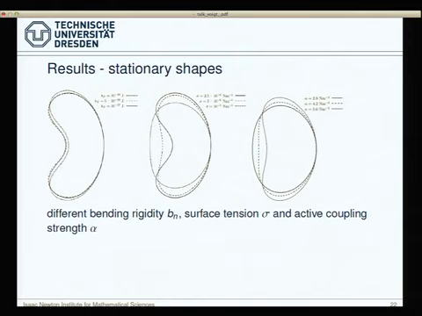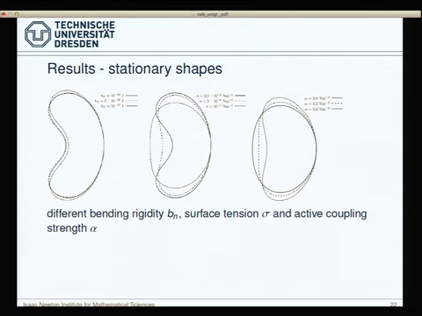Modifications of the bending rigidity do not really seem to affect the shape, however the surface tension does, and this active coupling as well. This is an effective parameter, and there are no experimental measurements for that, of course, but all the other ones are in a regime which has been measured for membranes as well.